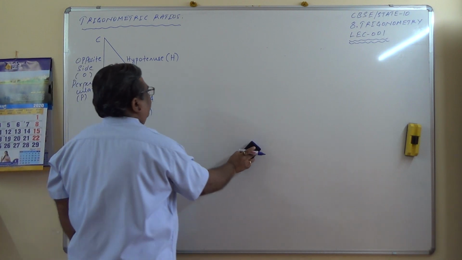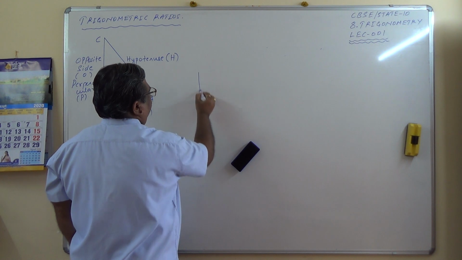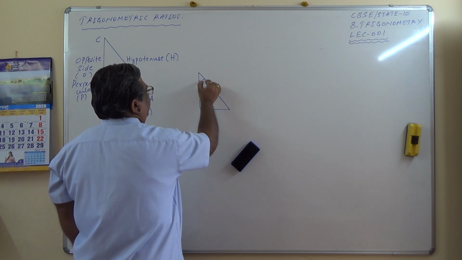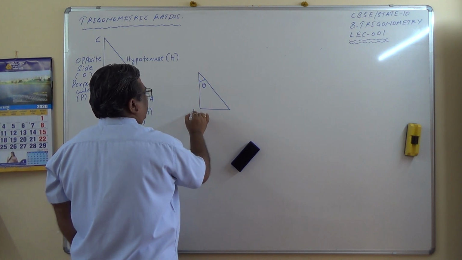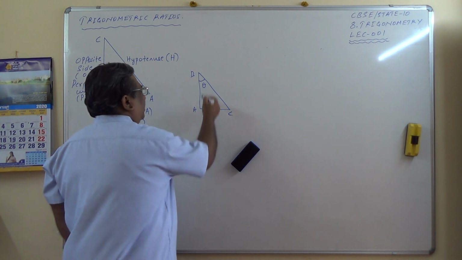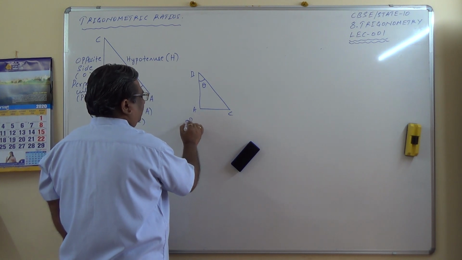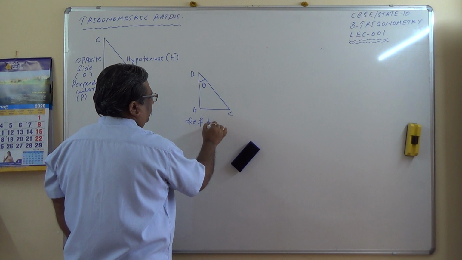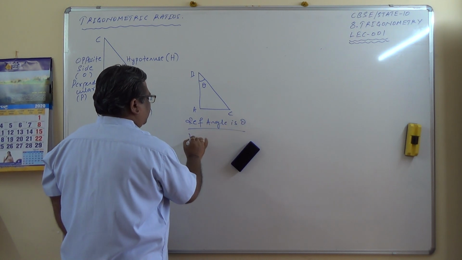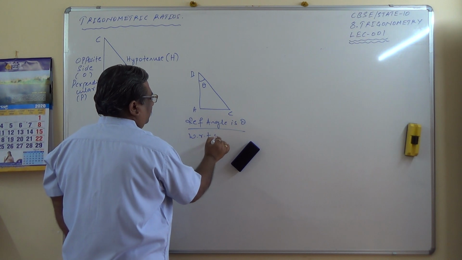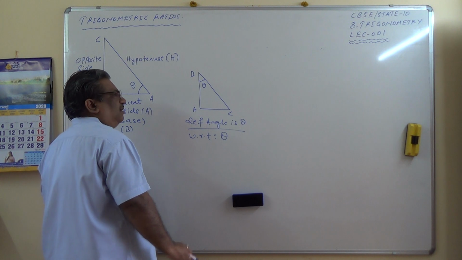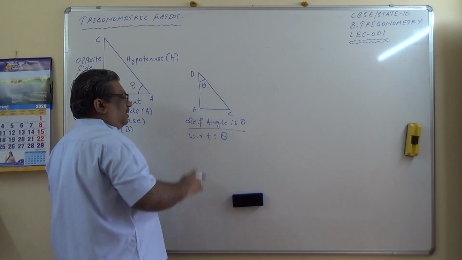Let me demonstrate a couple of examples over here. Okay, this is theta here, this is A, B and C. Reference angle is theta. With respect to theta, the reference angle, which is the adjacent side and opposite side?